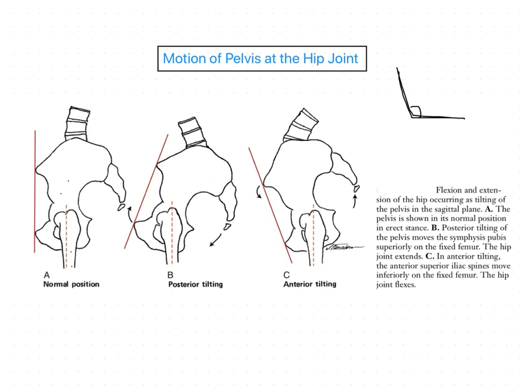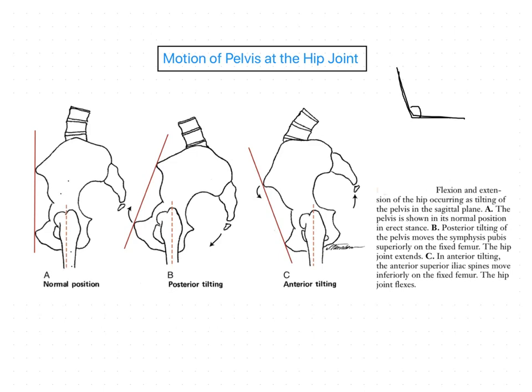The pelvic motions are named because these are the motions seen by the observer. So here the terms are changing. When we see the motion of the femur, we give the terms flexion, extension, abduction, and adduction because we are visualizing the movement of the femur at the hip joint.